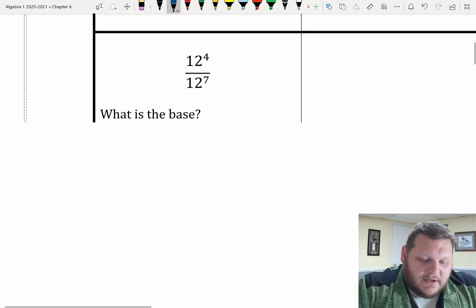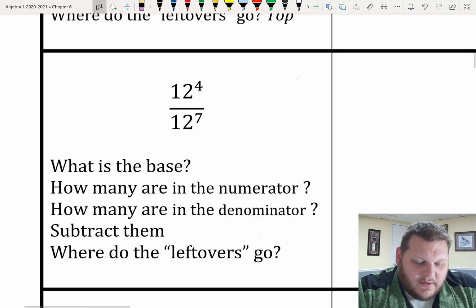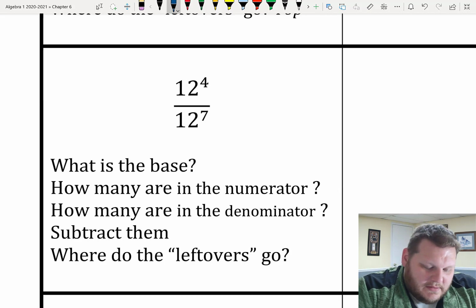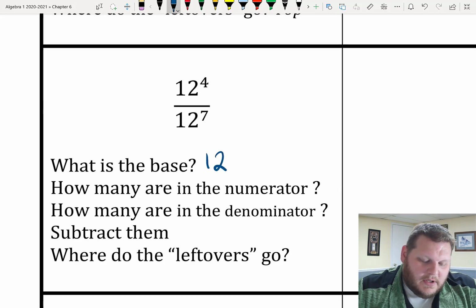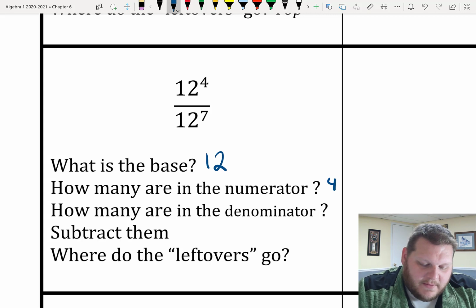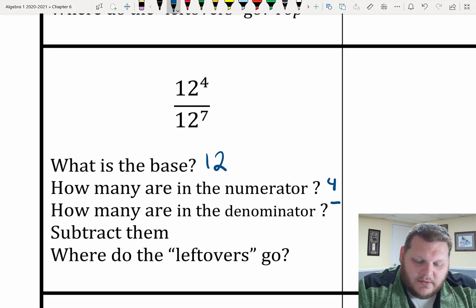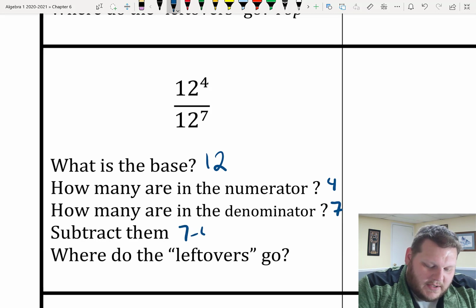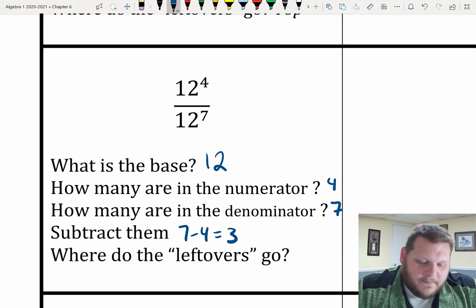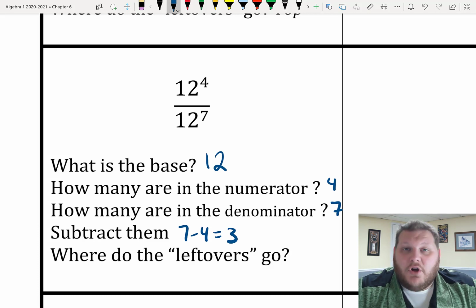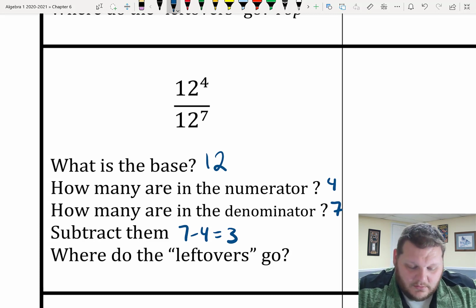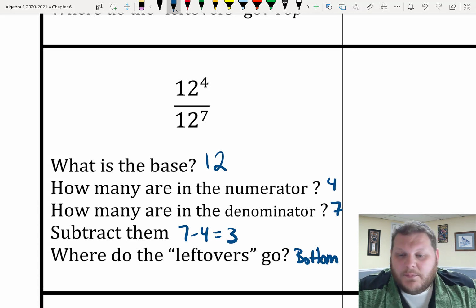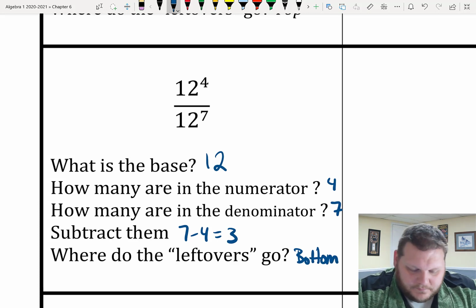So if I take a look at this next one, 12 to the 4th power over 12 to the 7th power, what is my base? Well, my base is 12. How many are in the numerator? There's 4 of them. How many are in the denominator? There's 7 of them. So if I subtract them, 7 minus 4 gives me 3. But in this case, my leftovers, that 12 to the 3rd power, will go in the bottom because I started with more 12s in the bottom than in the top.